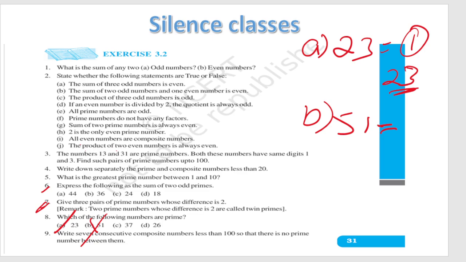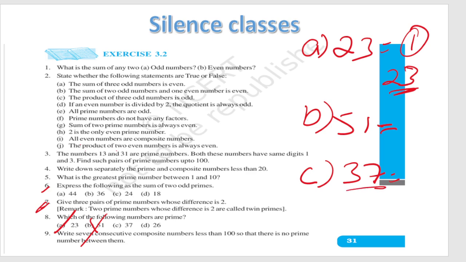Now let's talk about 37. 37 is a prime number because it is not divisible by any number. You cannot divide it by 2 because there is no even number at the end. We cannot divide it by 3 because the sum of both the digits is 10, and 10 is not divisible by 3. This means the number is also not divisible by 3.